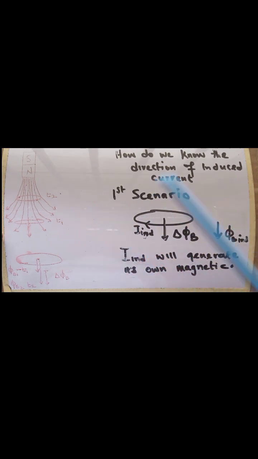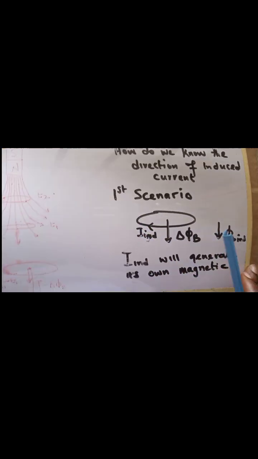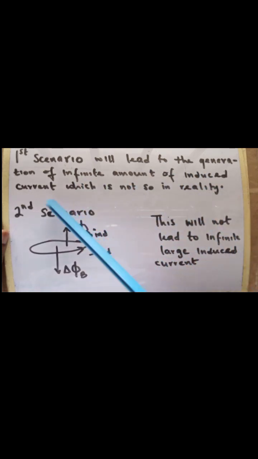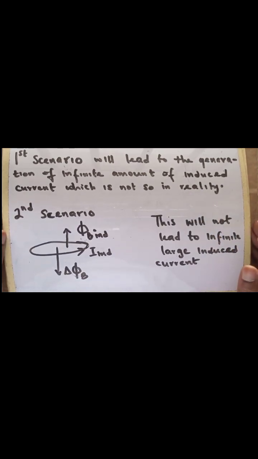And it will continue until this particular one grows to infinity, which is not the case. So the first scenario will lead to the generation of an infinite amount of induced current, which is not so in reality.